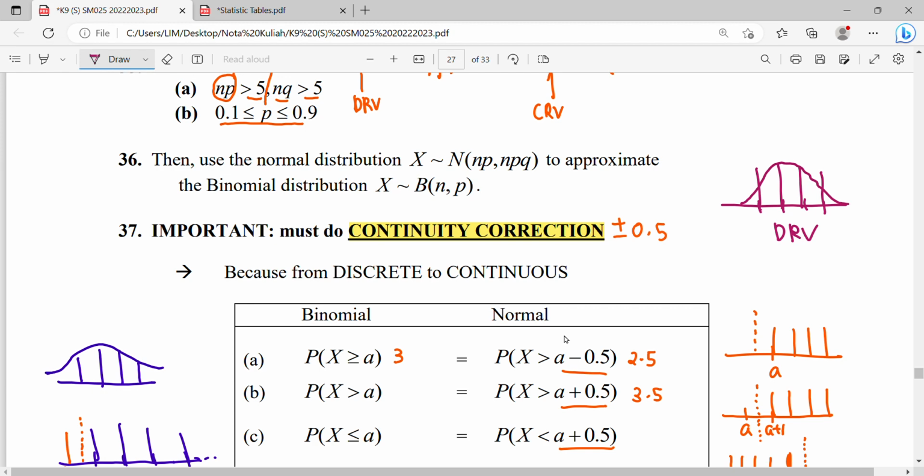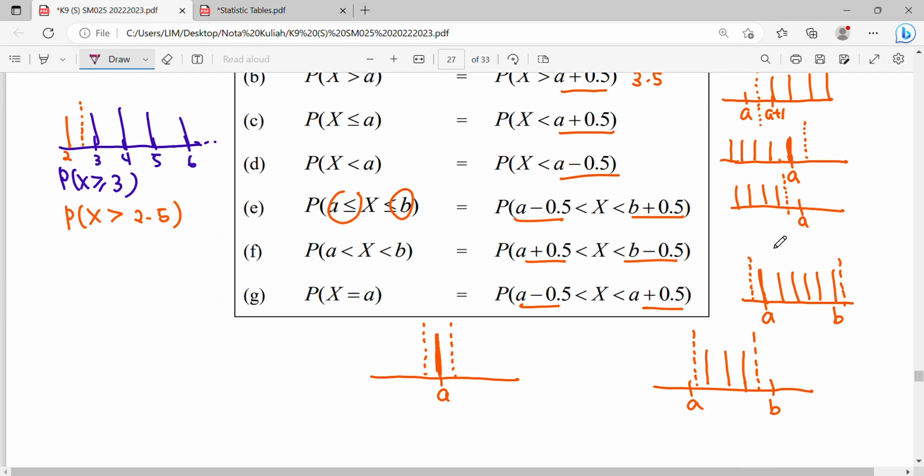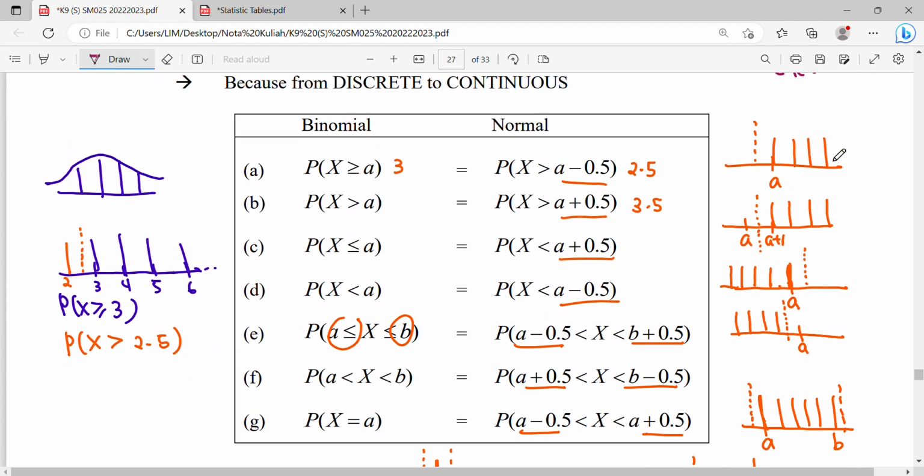So bila you tunggu dia cair, dia akan jadi continuous random variable when you analyze on its volume. Boleh. So ini yang kamu akan dapat. Tolak 0.5. Sini tambah 0.5. So this is what we can see from here. Boleh. So you just imagine your discrete, bila dah cair, dia akan sampai mana. Sempadan dia boleh sampai mana.